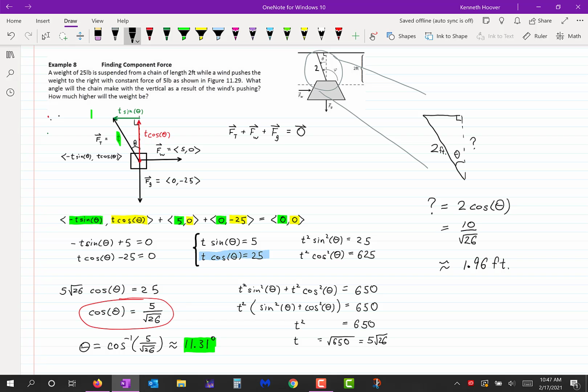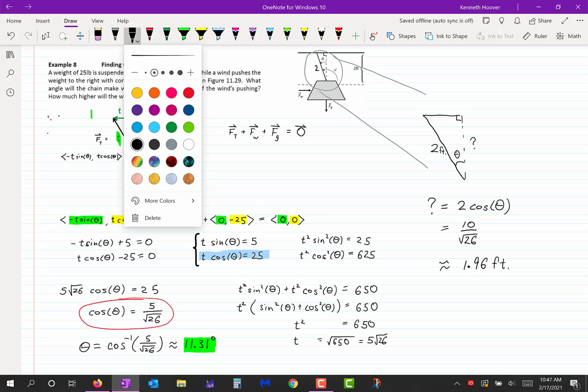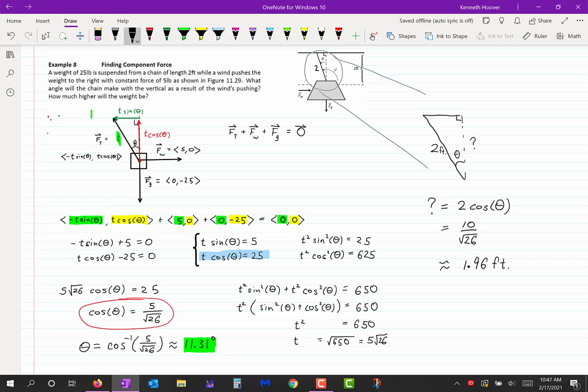So how much did the weight go up? The weight went up by the difference between 2 and 1.96.